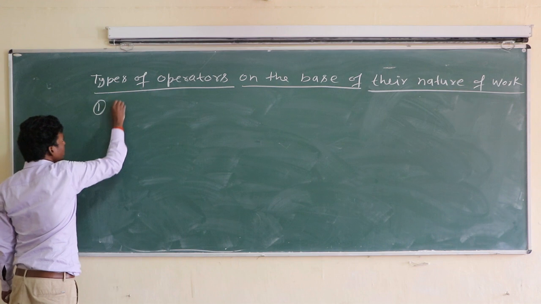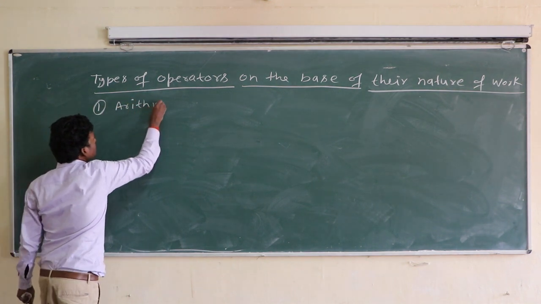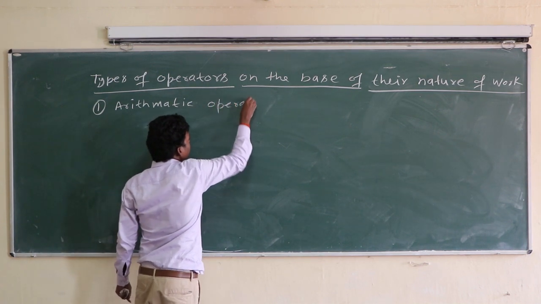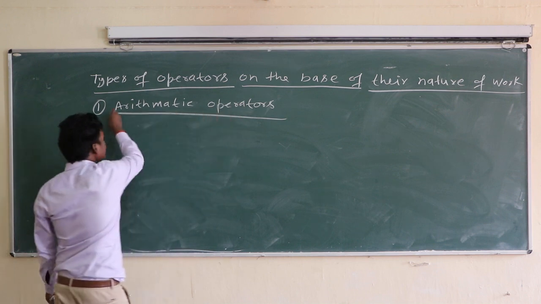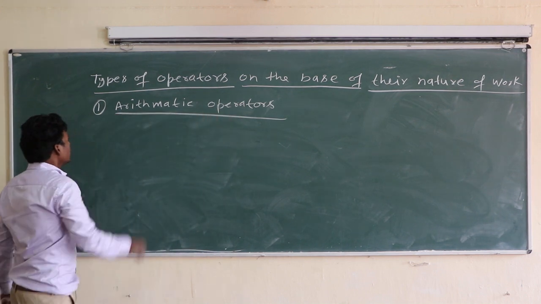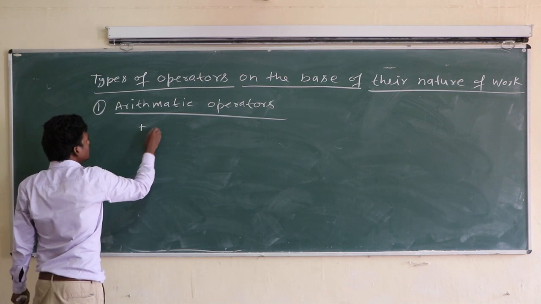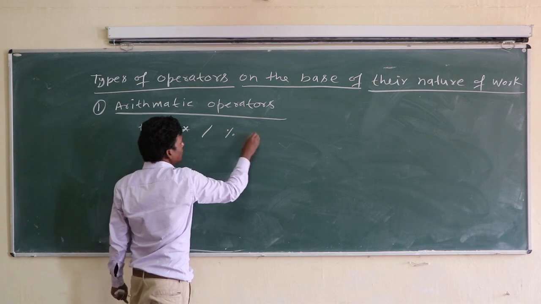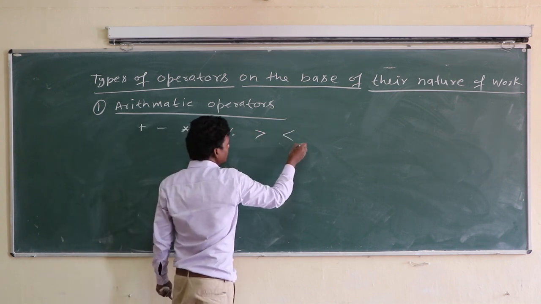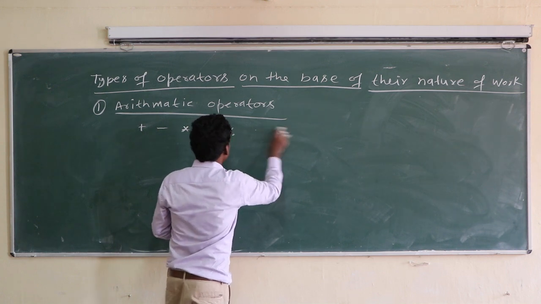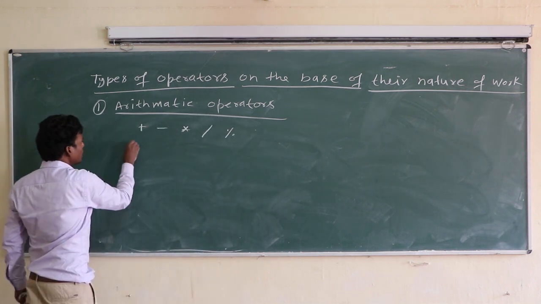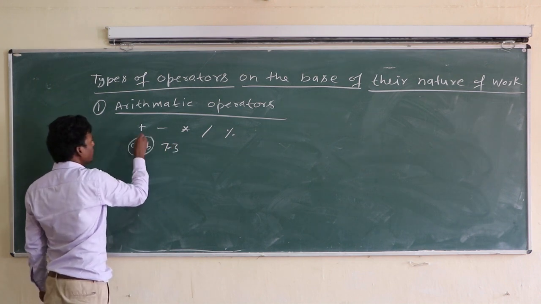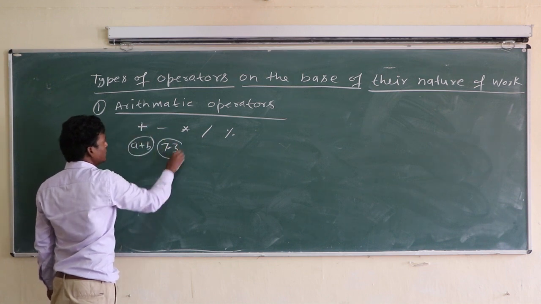First one is arithmetic operators. Example: plus, minus, multiplication, division, modulus. Greater than, less than, this is relational. These are the arithmetic operations. A plus B, 7 minus 3. This is an example for this.